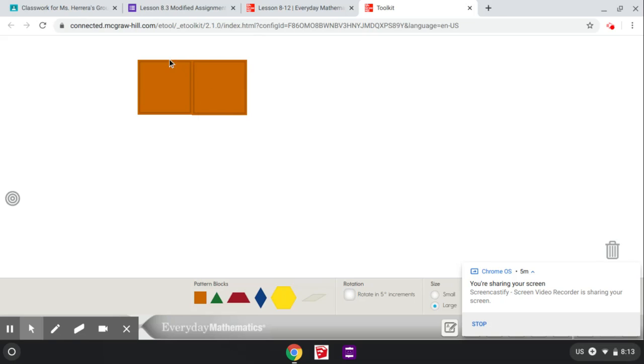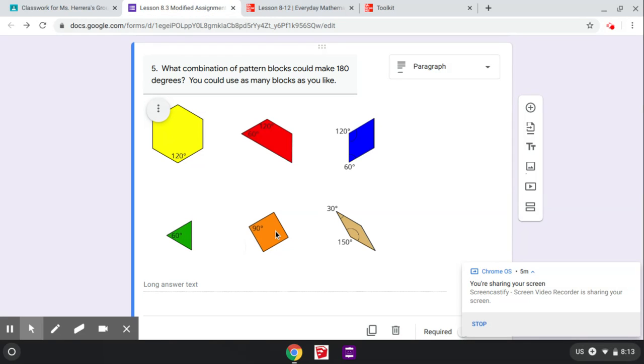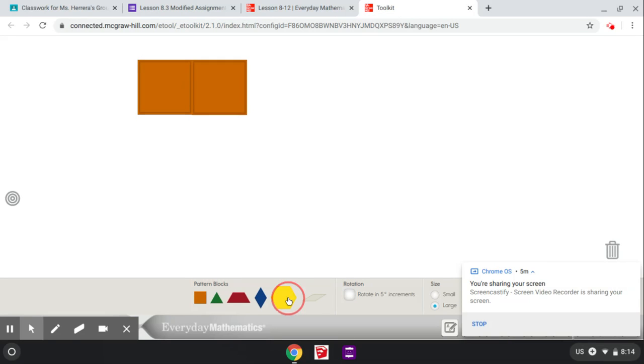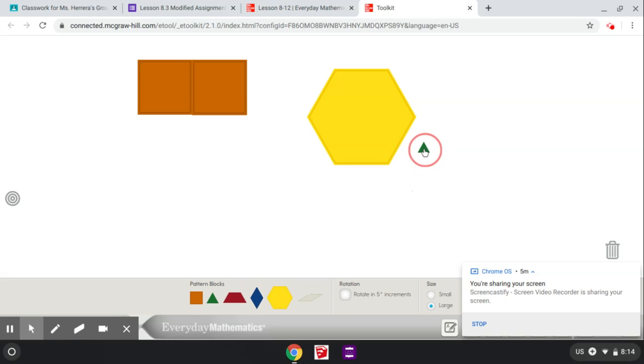So you could have said 2 squares. You could have also said a hexagon plus the triangle, right? Because 120 plus 60 equals 180. So here's the hexagon and the triangle, right?